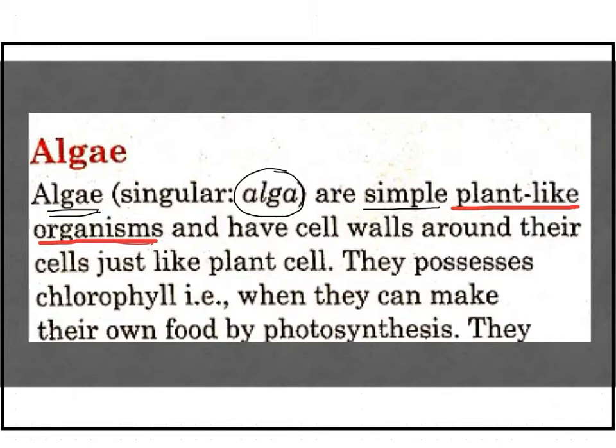The second very important characteristic is that they have cell walls. First, they are plant-like. Second, they have cell walls. And where is the cell wall present? I hope you remember, cell wall is also present in plants. So like the plants, they also have cell walls.